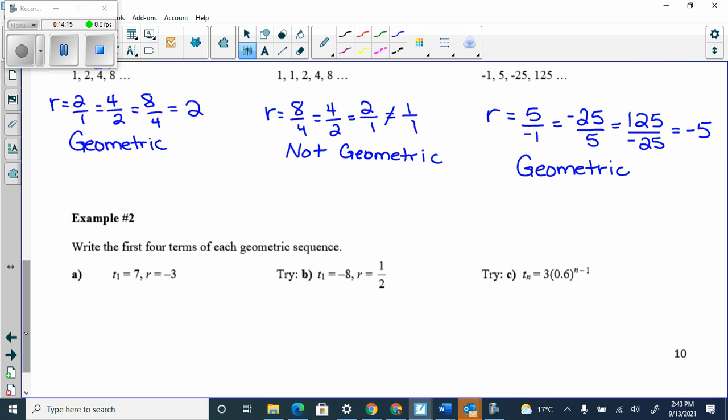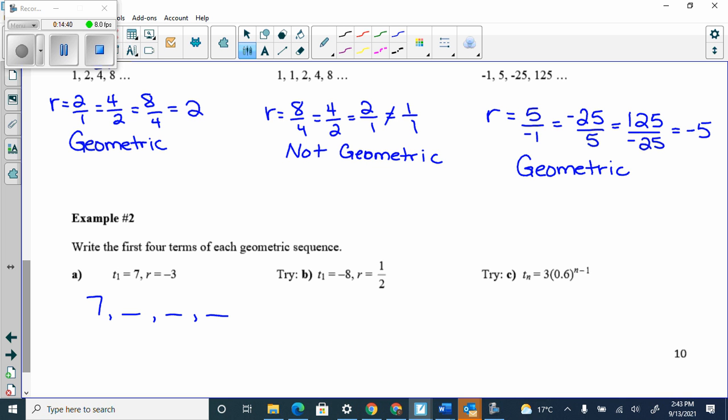So example 2 says, write the first 4 terms of each geometric sequence. So this one gives you T1, which is 7, and r. So I have the first term. Now I need the next 3. How do I get them? You multiply.